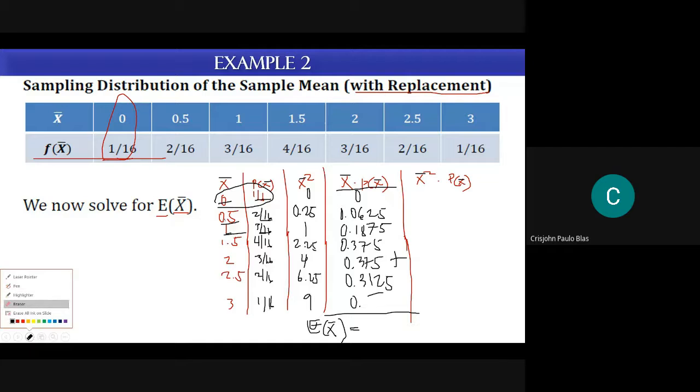Anong total, anong sum niyan? 0.125? Tama ba ako? O 0.1875? Ano ba?